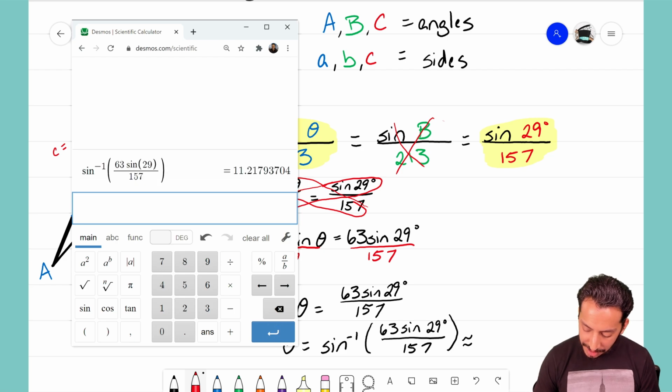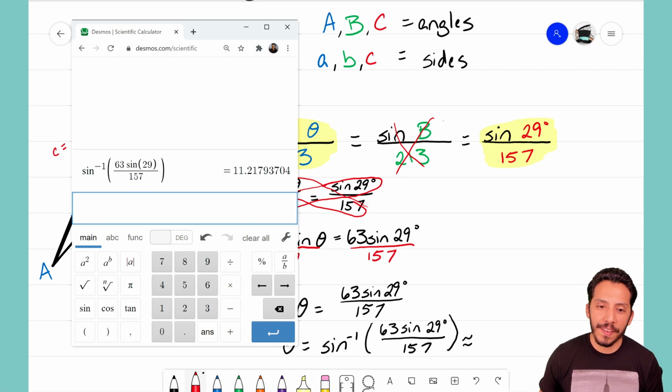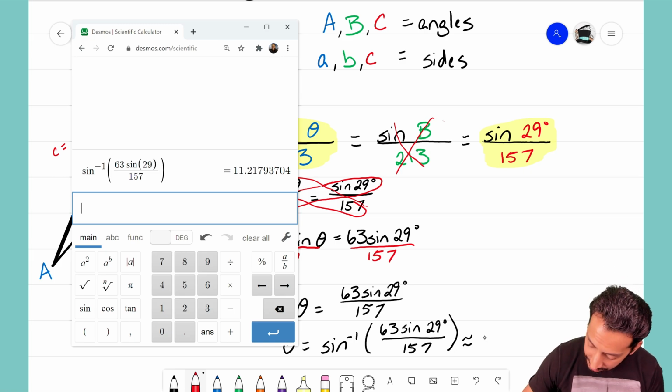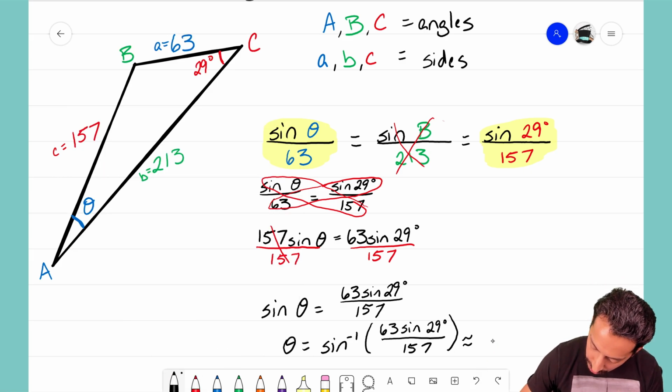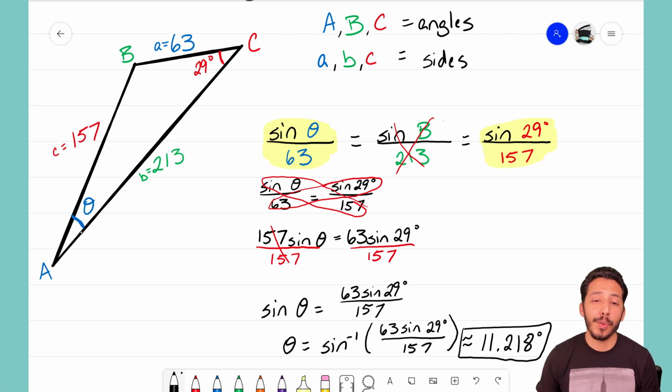I press enter, and we see that the missing angle ends up with a value of 11.218 degrees. That is our missing angle here for A, and we were able to solve that using the law of sines.